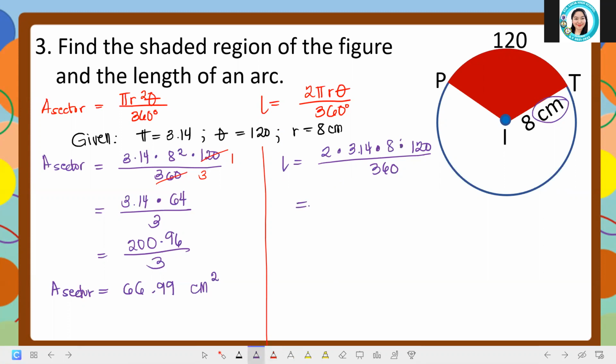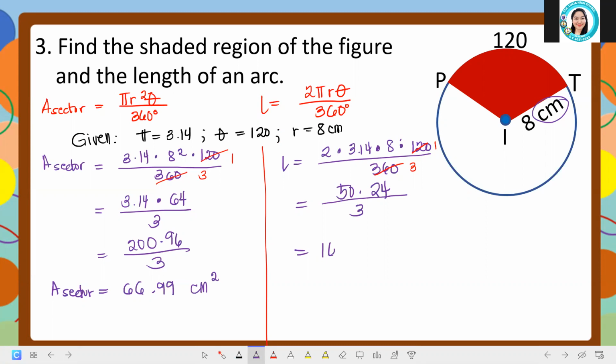Next, how about for the length? Let us first, again, cancel out. So this is 3, this is 1. Meron pa ba na pwede cancel out? Wala na. So multiply na tayo for the numerator. 2 times 3.14 times 8. That's 50.24. Divide that to 3.